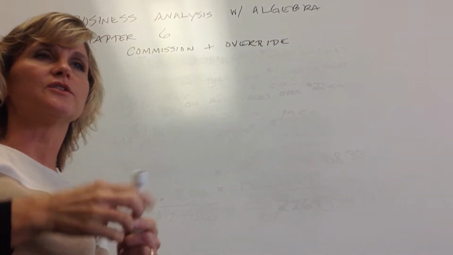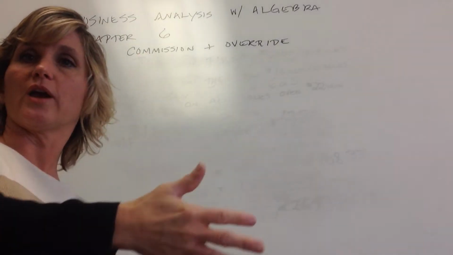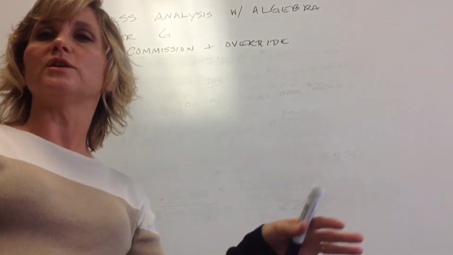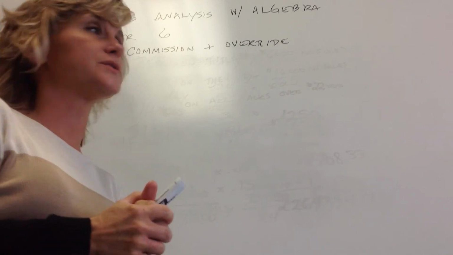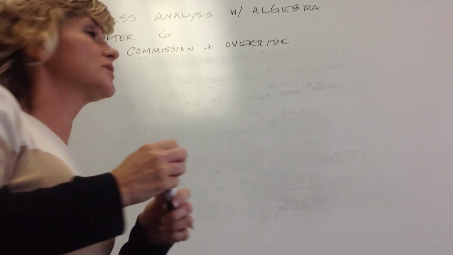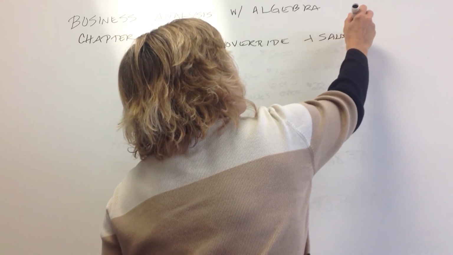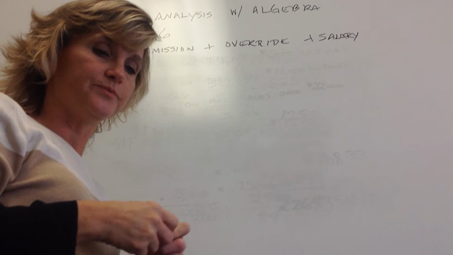So say you're a sales manager of Radio Shack, and you actually sell some things, you'll get commission on it, but then you manage the remainder of the employees there, so then you're going to get a cut of everything they sell also. So then that's going to be our commission plus override, and then we'll also have, again, as a manager, you're going to have a salary, so we'll have to add that salary in.